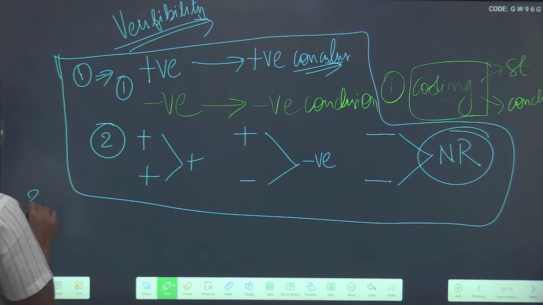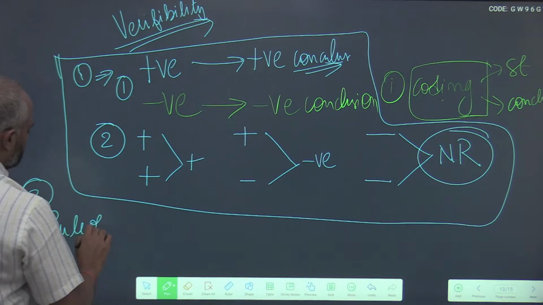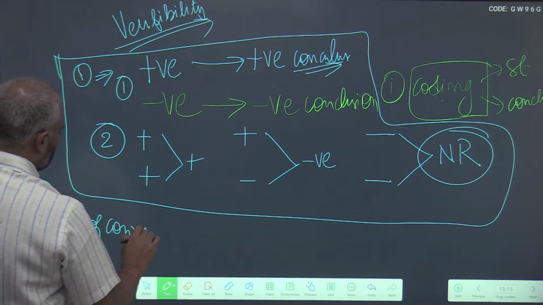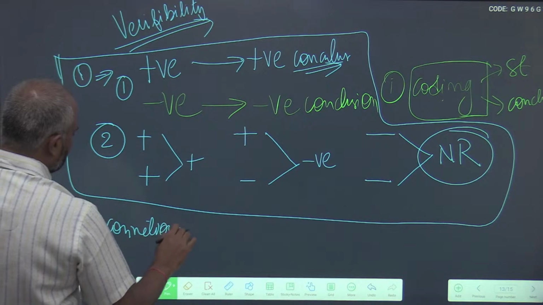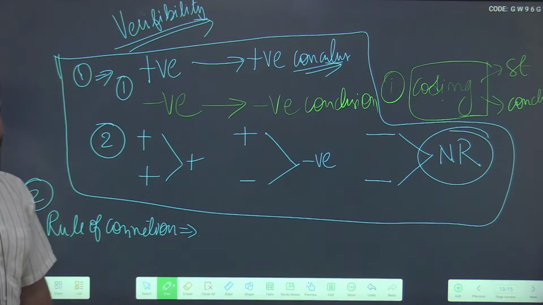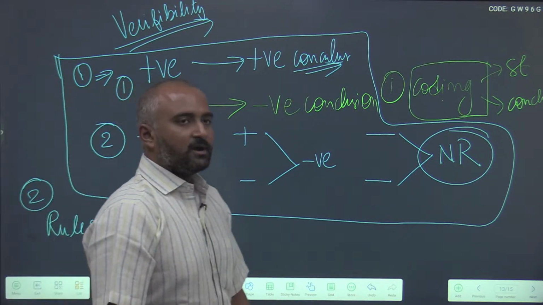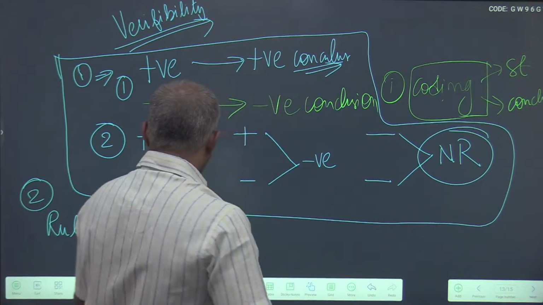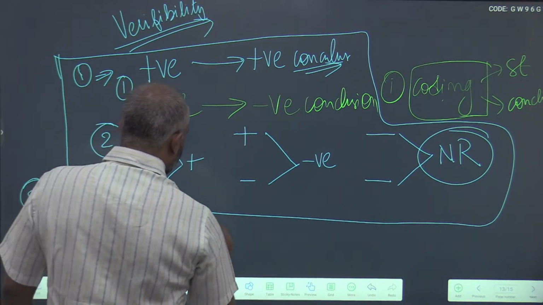The second rule is the rule of connection. What does the rule of connection say?